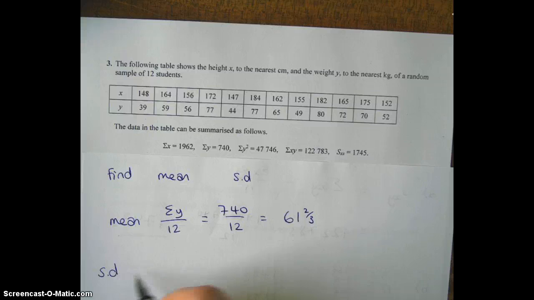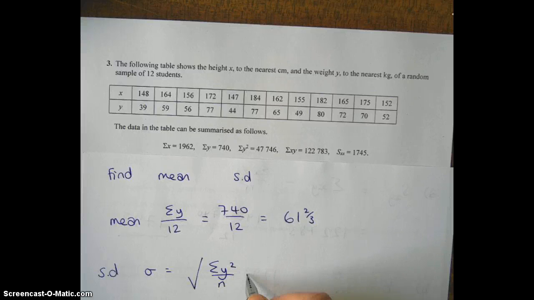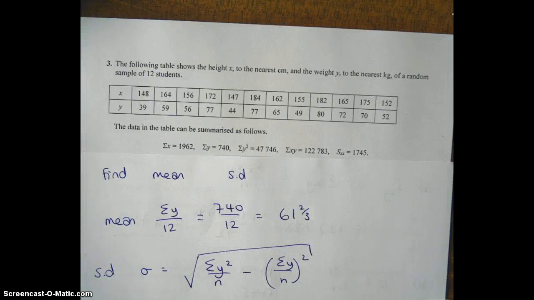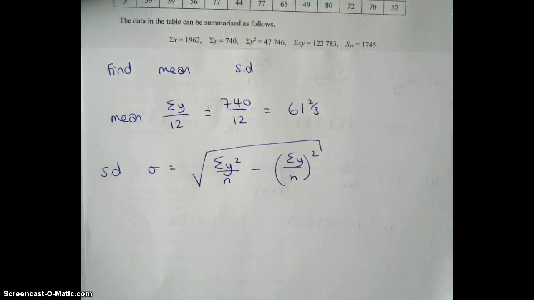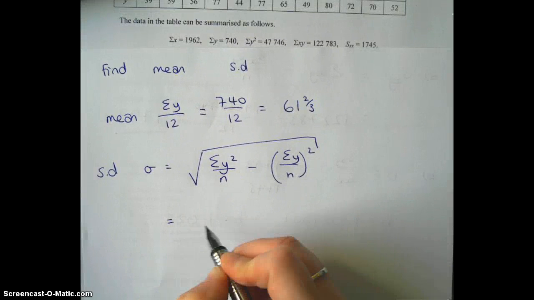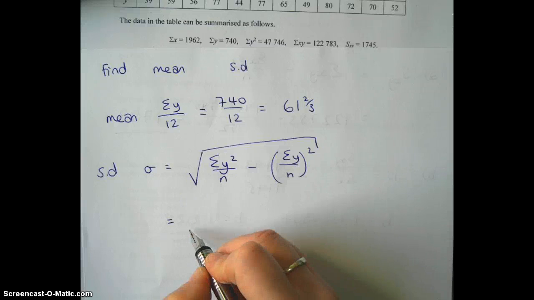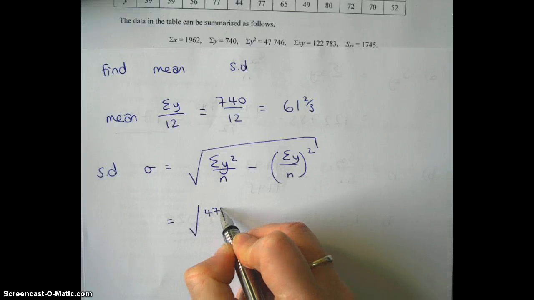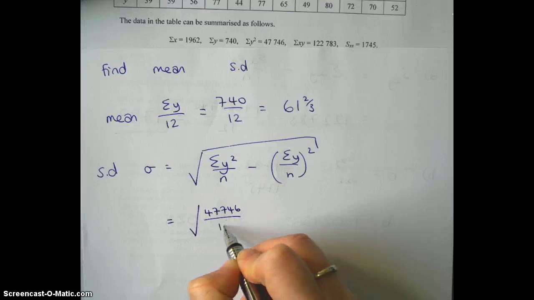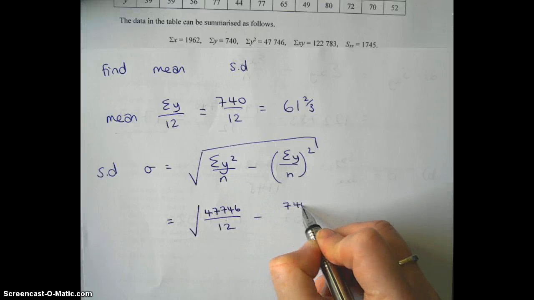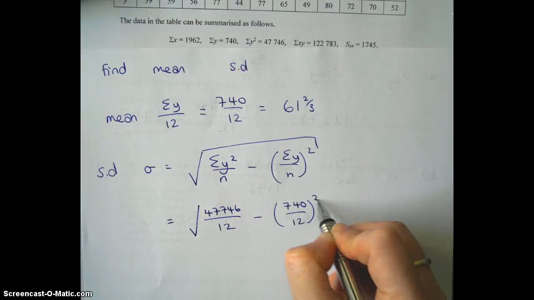Standard deviation, or sigma, the formula is the square root of sigma y squared over n minus sigma y over n all squared. And if you put the numbers that you've been given just above as part of the question into that formula, we get 47746 over 12 minus 740 over 12 all squared.